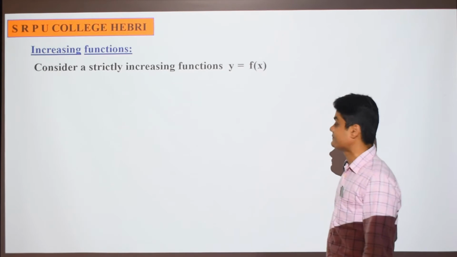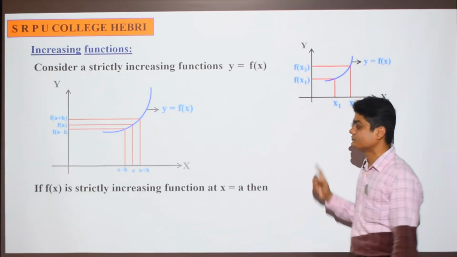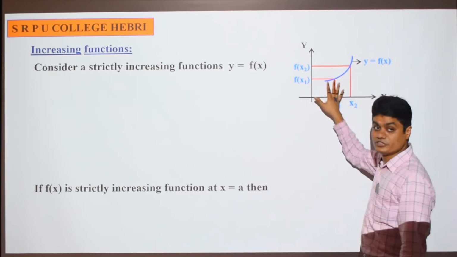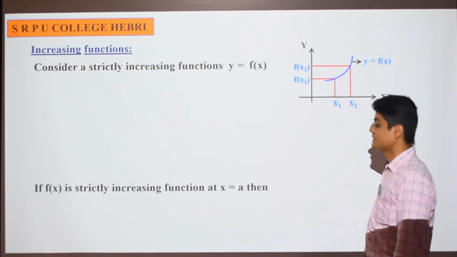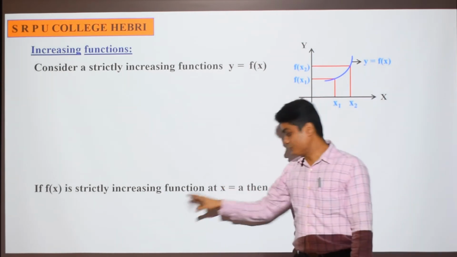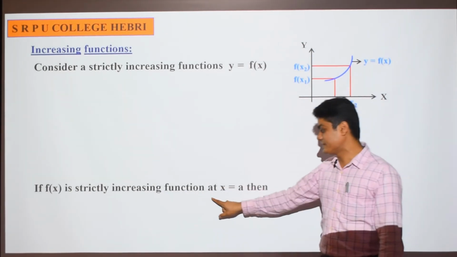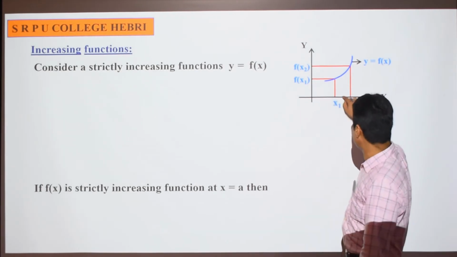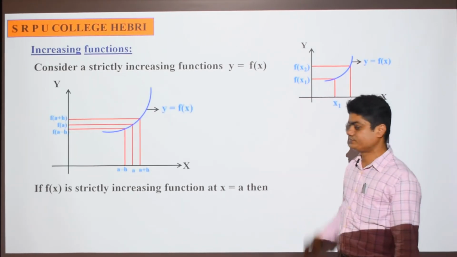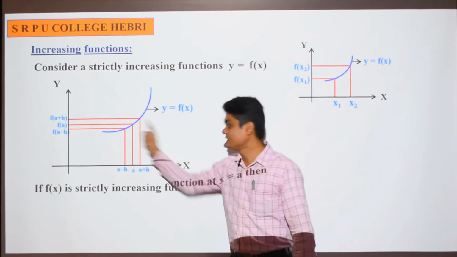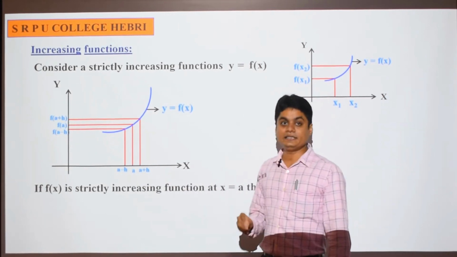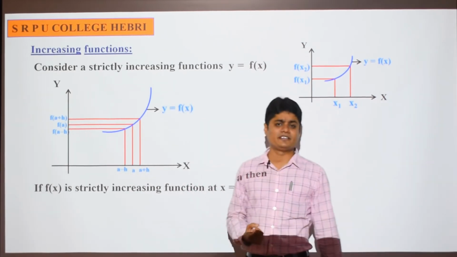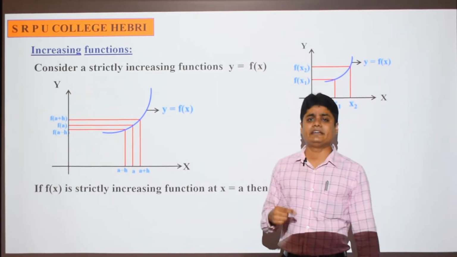Consider a strictly increasing function y is equal to f of x. I hope you know this picture because it was already explained in the previous slide. Now suppose you want to check whether the function is strictly increasing at x equal to a, at one particular point. Then I'll tell you what you should do: you should take the neighborhood of a, that is, the numbers very close to a.